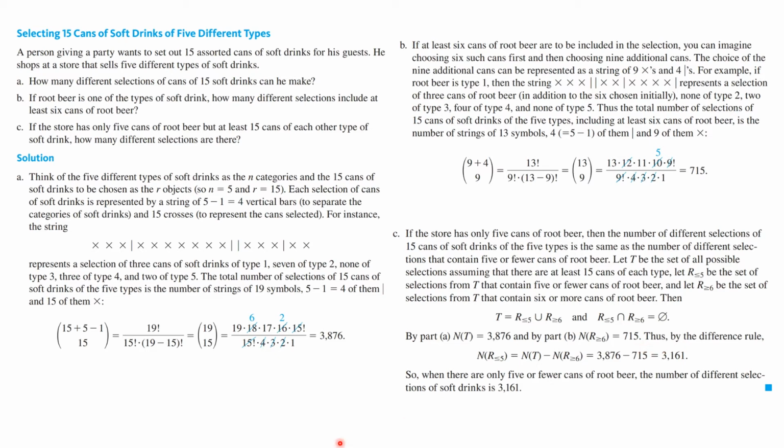So by the difference rule, again the sets had to be disjoint, the number less than or equal to 5 is this minus this, which is equal to 3161. So there are only 5 or fewer cans of root beer. The number of different selections of soft drinks is 3161.